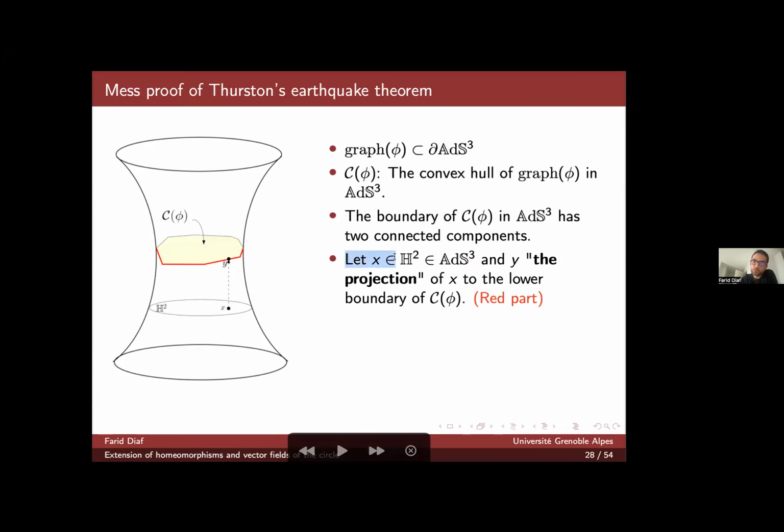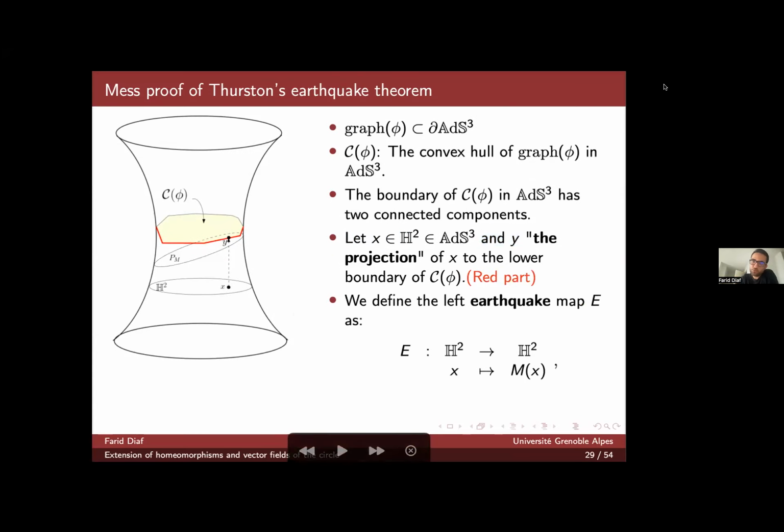And that's what you can do: you take X a point in H2, and you take Y the projection of X to the lower boundary, I mean the red part. I will come back to this word projection later.